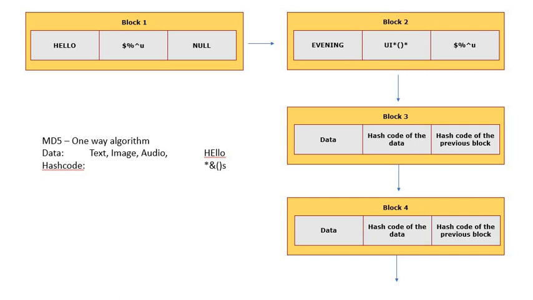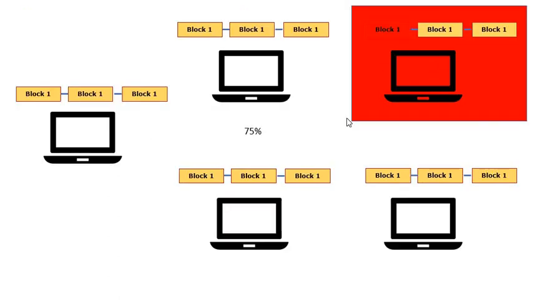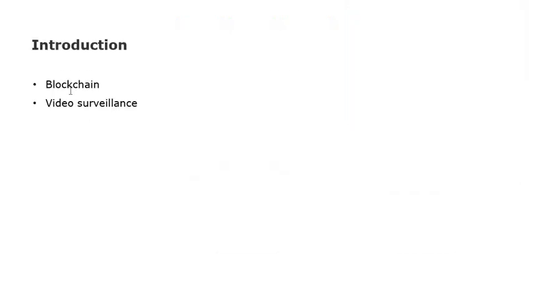On top of that, compromising 51% of the nodes is really impossible. That's how we prove that the blockchain is more secure. Blockchain is one of the network data structures which can be used for securing data. So these are the things that you need to know about blockchain.